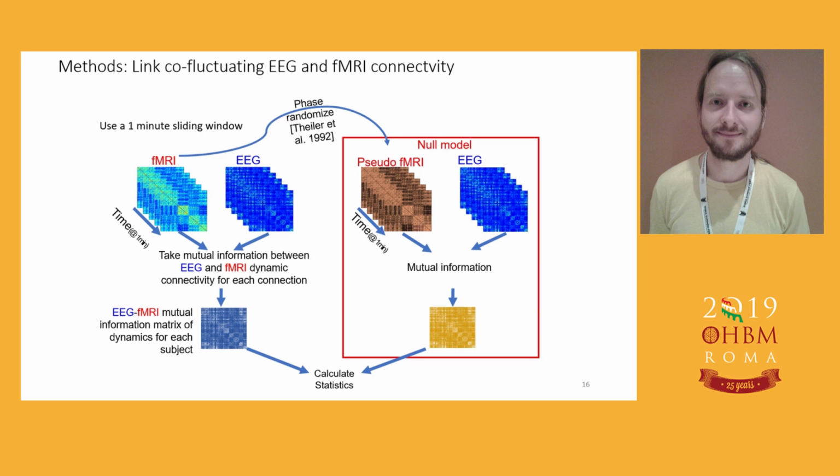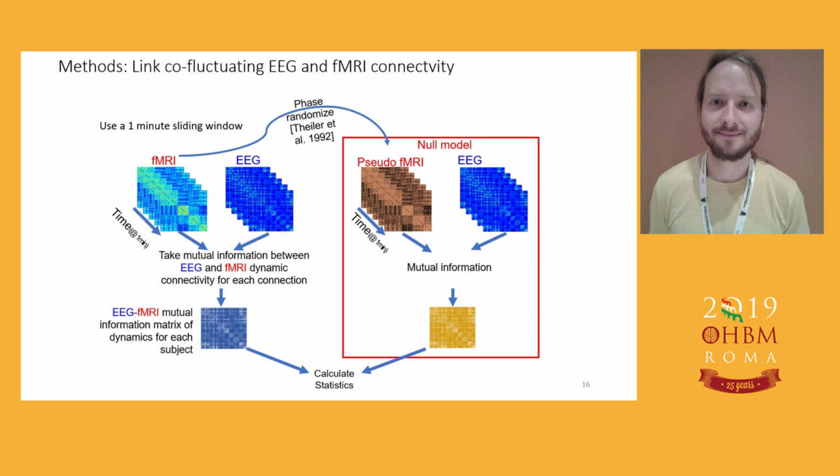So what we're doing here is we're taking the time course of this dynamic functional connectivity at each connection, and then we're deriving, for each EEG frequency against the fMRI connectome, the mutual information. This gives us a mutual information connectivity matrix, which specifies the strength of the dynamic relationship between EEG and fMRI.